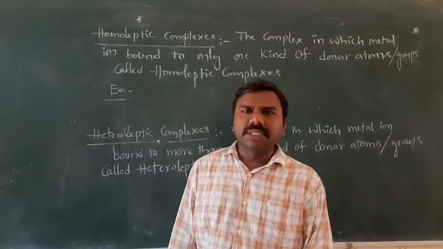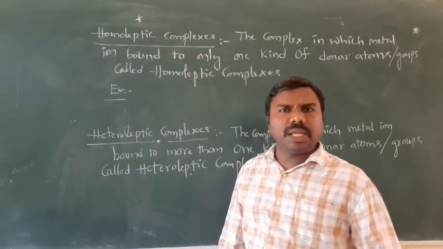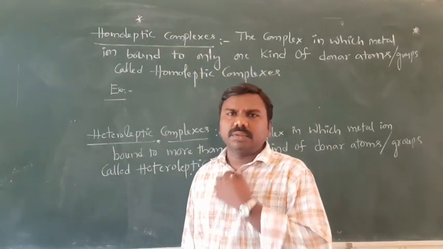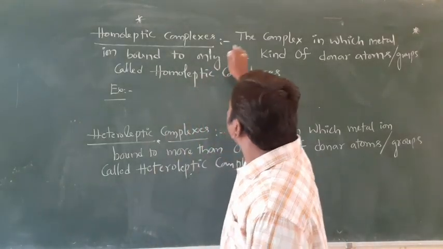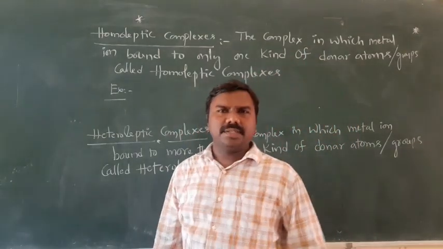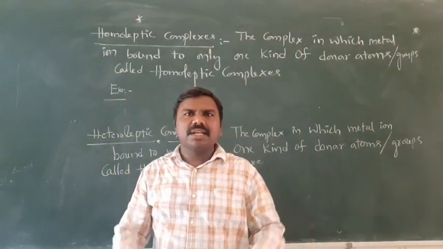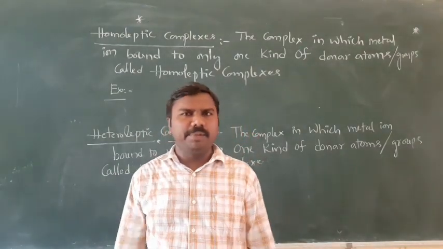Okay, the next term is homoleptic and heteroleptic complexes. One mark, actually a PUC question, important it is. The complex ion which has only one type of ligands, all the ligands same in the coordination entity, is called homoleptic.